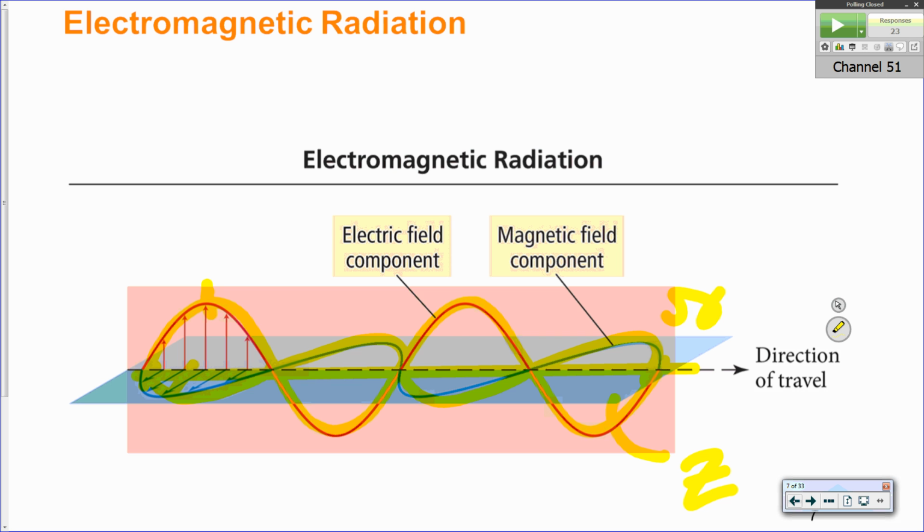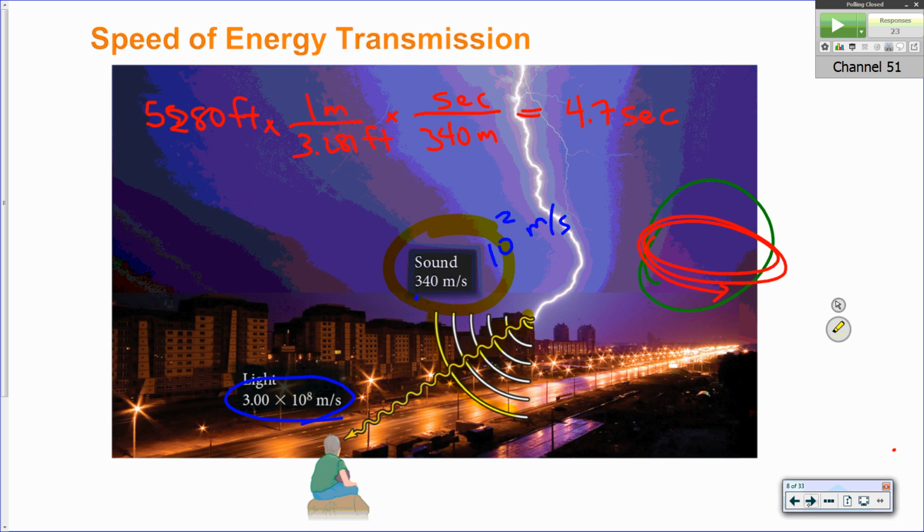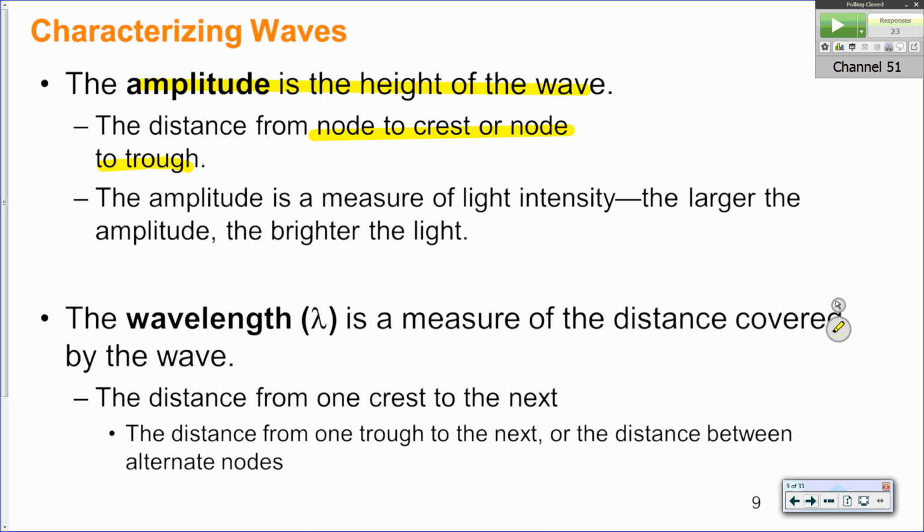Either way, so go back to our, how far is it up here? Or how far is it down here? Those two things, it's a symmetric pattern, so those two things will be the same. And how high that wave is, or the amplitude, is going to tell us something about the intensity or how bright it is. So the higher the amplitude, the brighter the intensity of the wave of light.